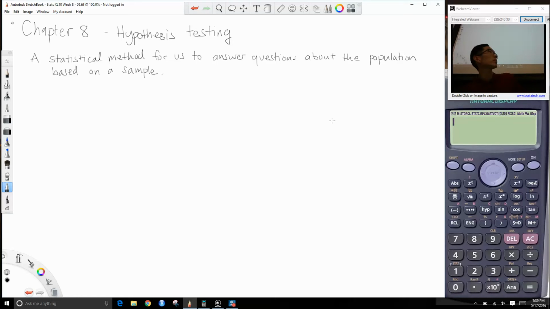Okay. With hypothesis testing, you start off with a claim or a question, okay? And this claim or question, this is the hypothesis.